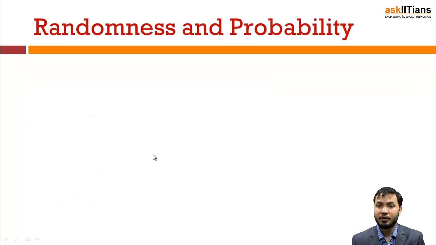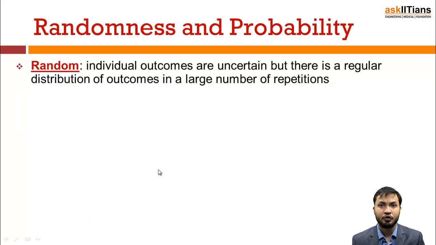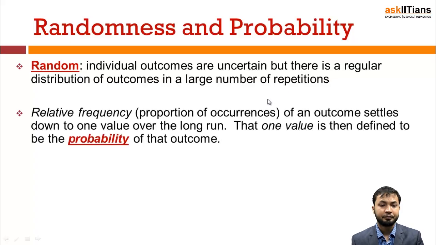Now, randomness and probability are closely related. When we define random, individual outcomes are uncertain, but there is a regular distribution of outcomes in a large number of repetitions. Continuing with the same theory, the relative frequency, the proportion of occurrences of an outcome, settles down to one value over the long run.